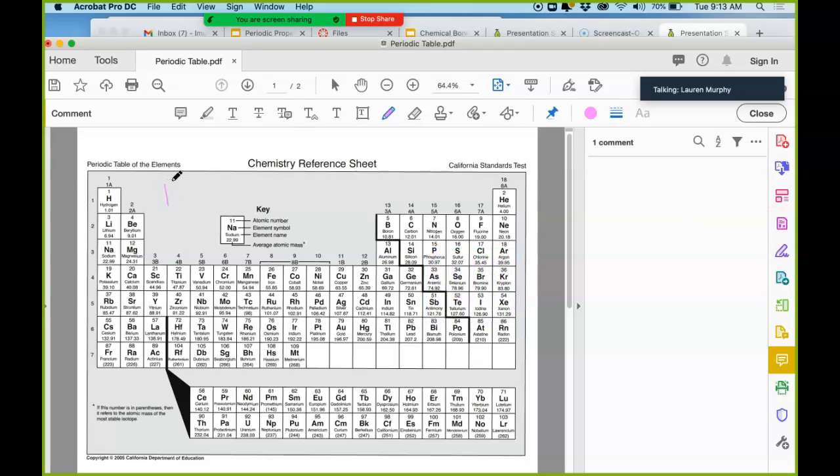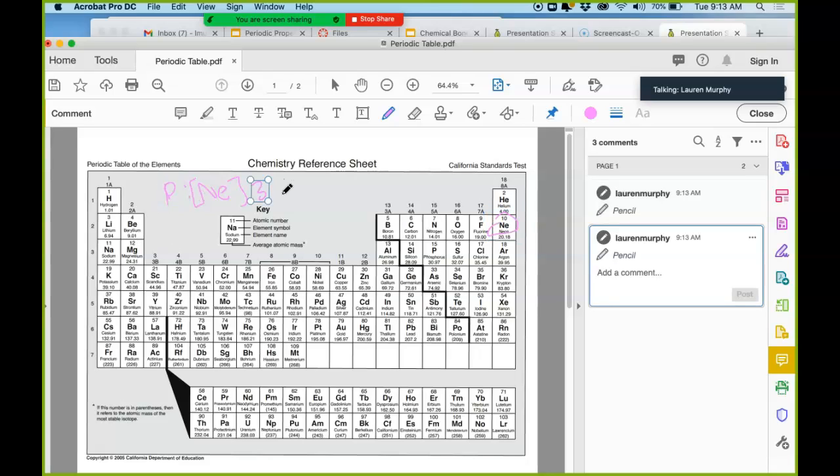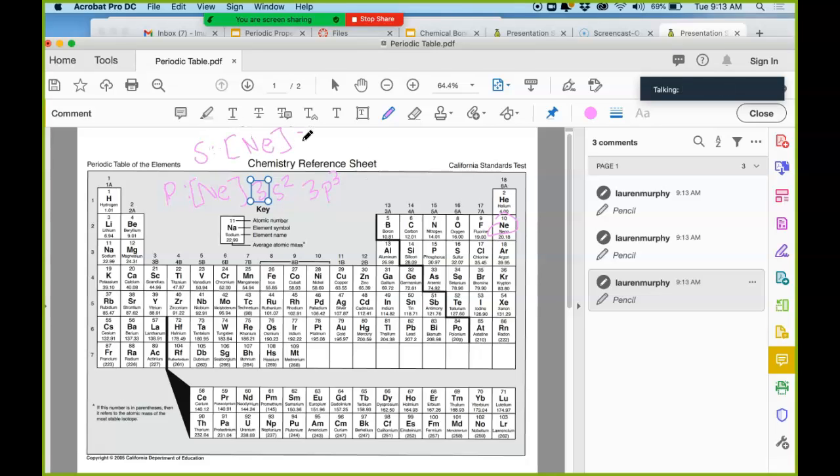So phosphorus is neon 3s2, 1, 2, 3, 3p3. Okay, and sulfur is neon 3s2 3p4.